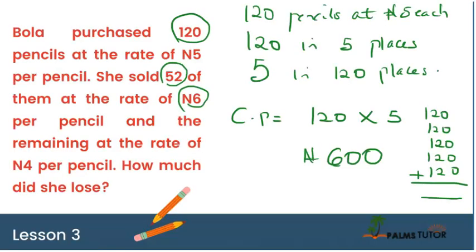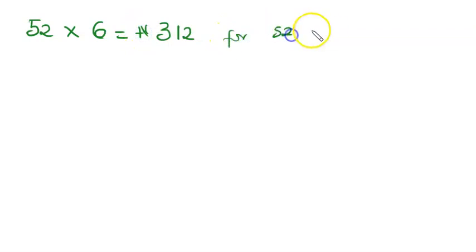She sold 52 of them at 6 naira, right? So we have 52 times 6. And this gives us what? 50 times 6 is 300. 2 times 6 is 12. So we have 312 naira, right? For 52 pencils.